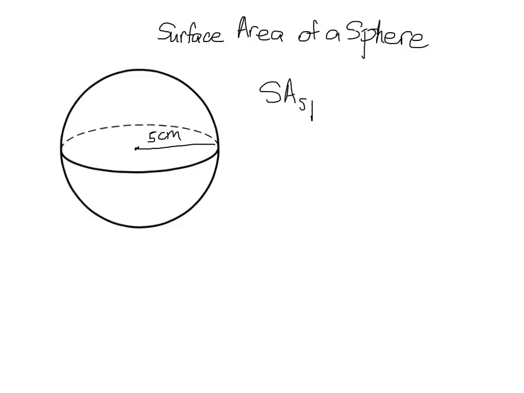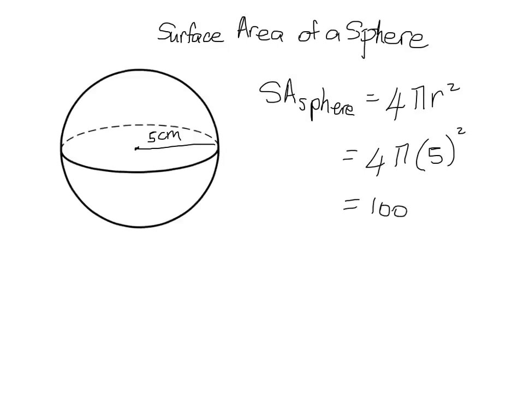The surface area of a sphere is equal to 4 pi r squared. So in this particular example, it's 4 pi times our radius squared, which would give us 100 pi. And again, our units are centimeters squared.